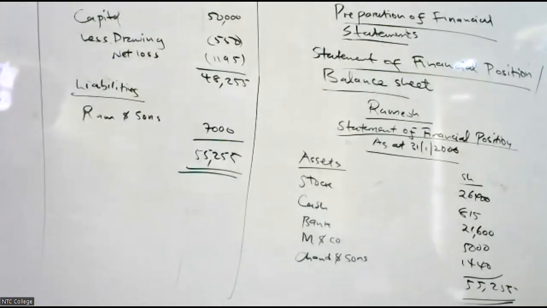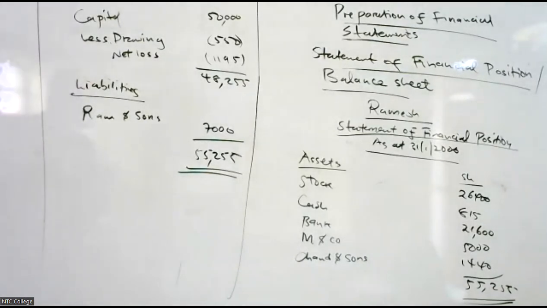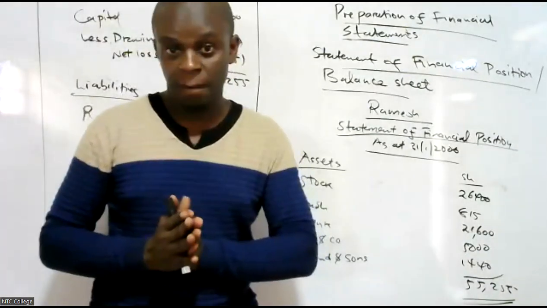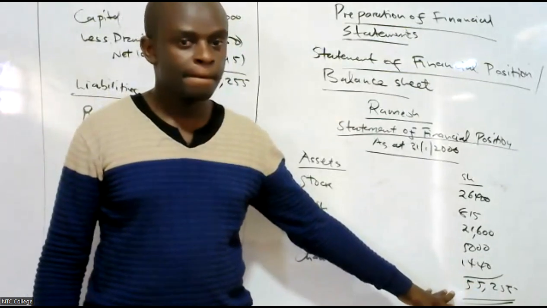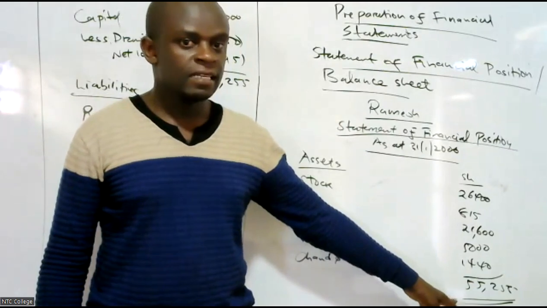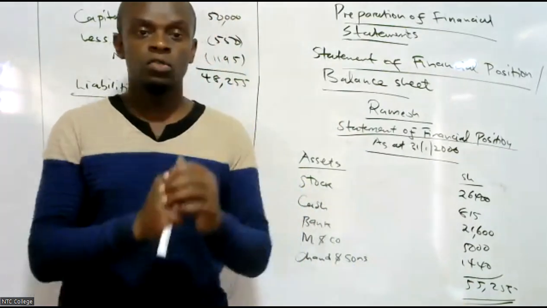Are we on the same page? Yes. So now, this shows that we are very, very correct. How much are you getting on the asset side? You guys are lost or what?